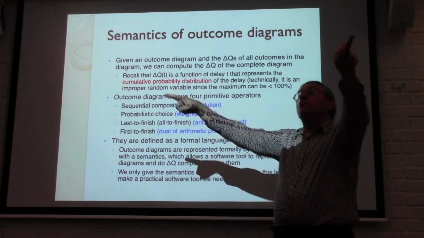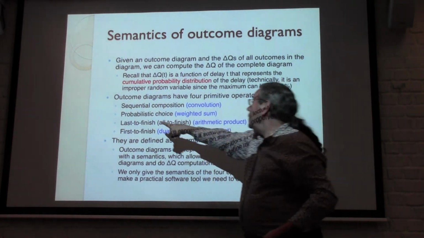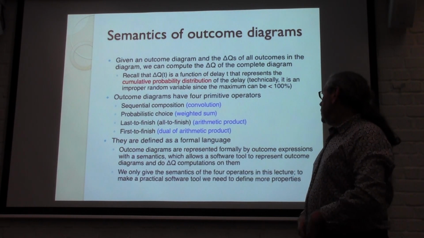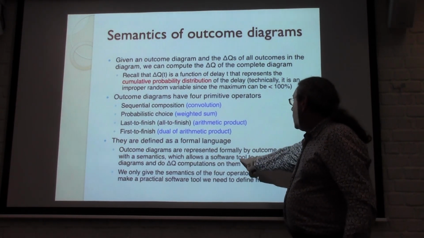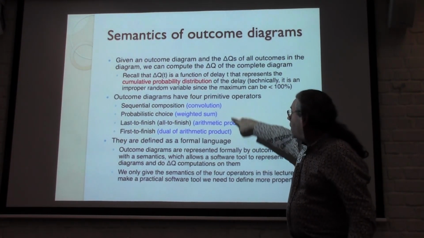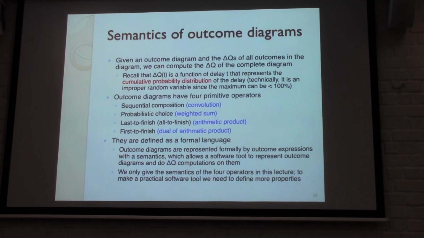Or if I send two requests and I need to get both of them back, that's the last to finish. They also have formulas, and the software tool will compute all of these. Let me give you the semantics of these four so you can see how concrete it is.